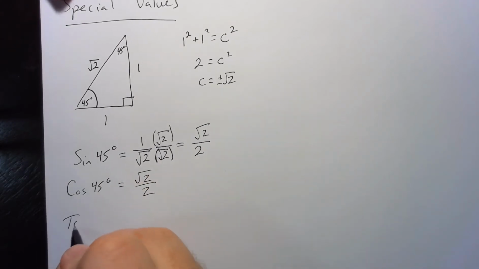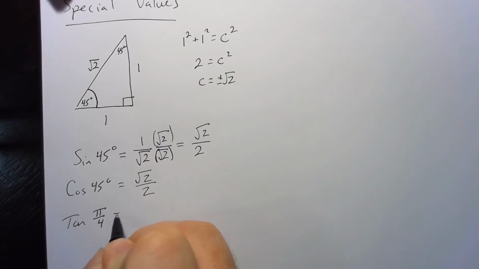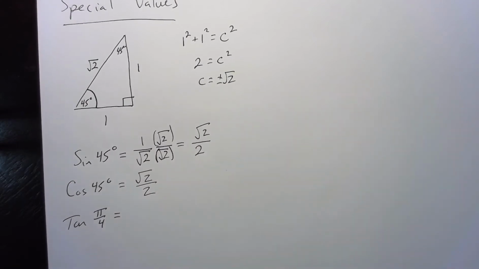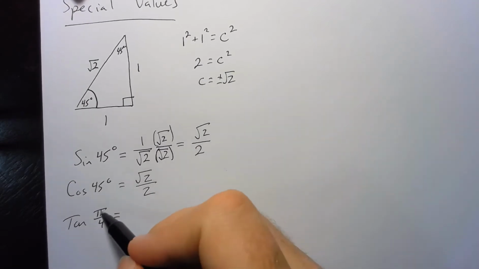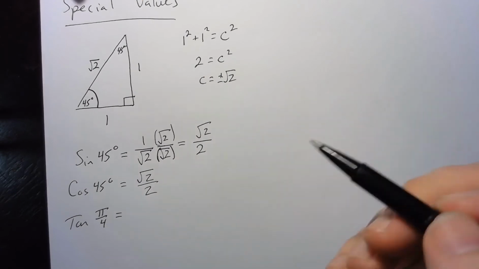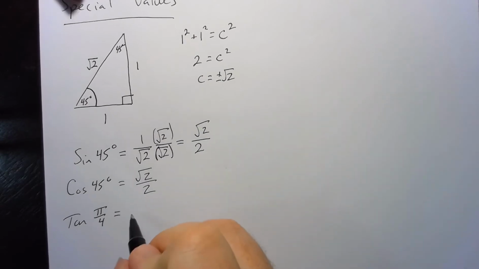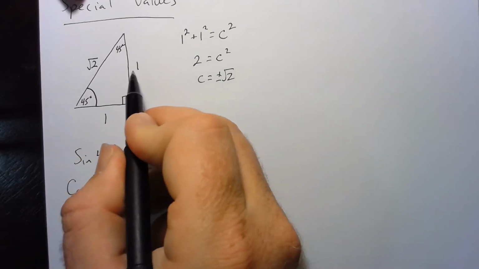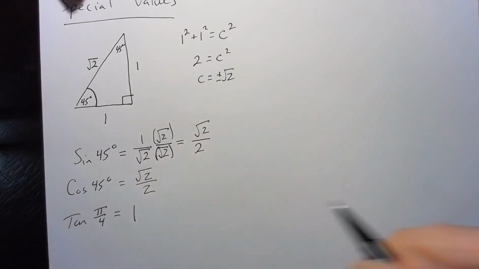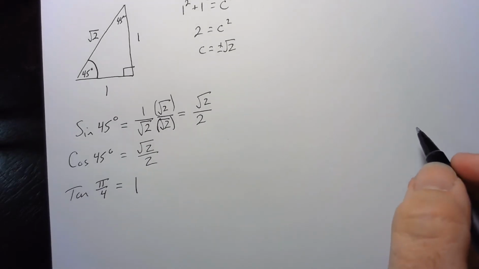Sine and cosine, then we're going to play with the tangent of 45 degrees, but instead of using 45 degrees, I'm going to use pi over 4. Because we don't want to forget that radian measure is still something we can work with. So 45 degrees and pi over 4 are the same values. They're just different measurement tools. The tangent of 45 degrees is going to be opposite over adjacent, so that's 1 over 1, which is really just 1.